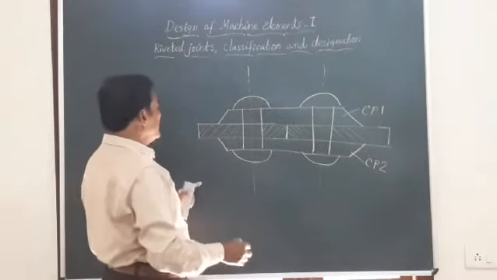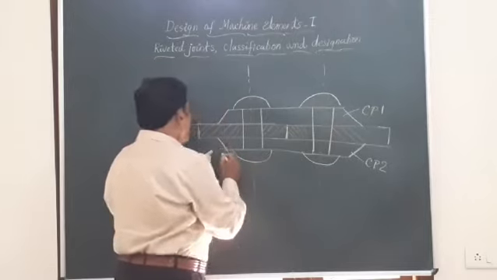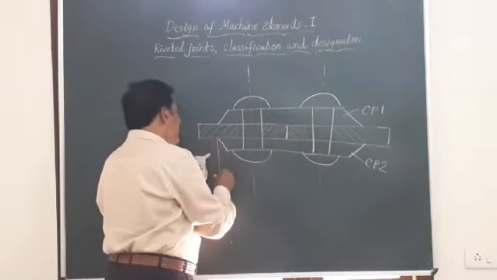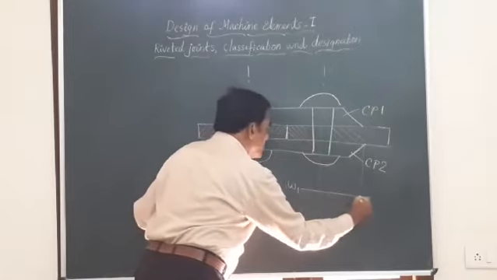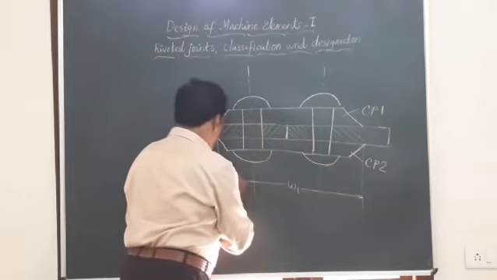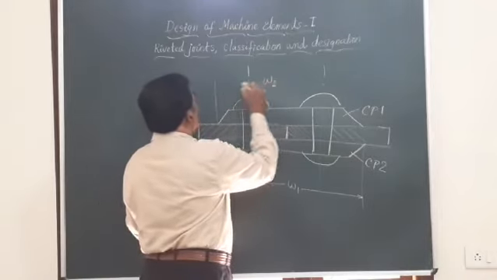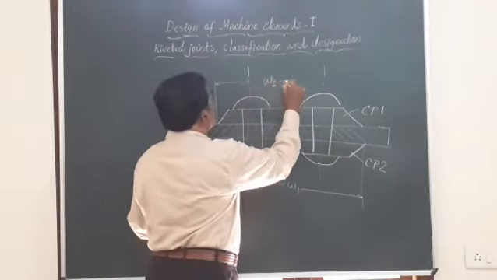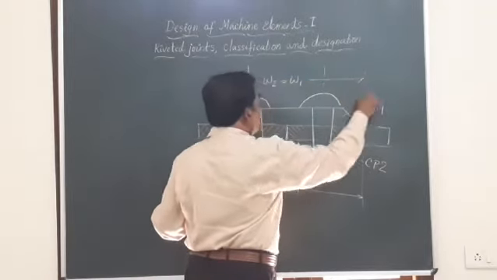Here friends, when you observe both the cover plates, if I call this width W1, the upper cover plate will also have the same width W2, which is exactly equal to W1. That means they have the same width.